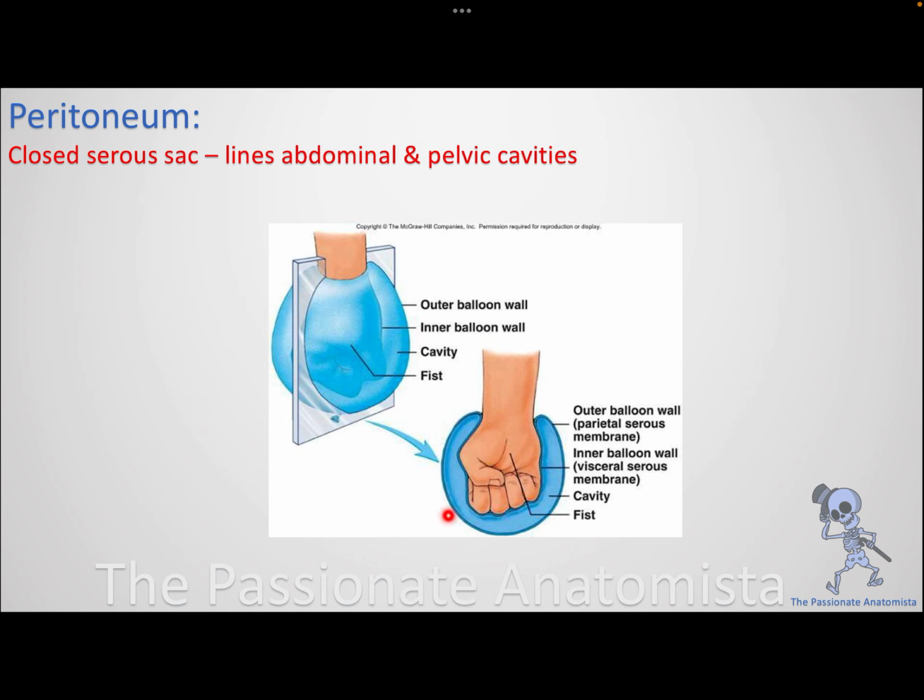And the other layer, which is away from the organ, that lines the abdominal cavity or the pelvic cavity, is what we call the parietal layer, because parietal means wall in Latin. All right. So if the organ gets fully into that, imagine that you are pushing an organ into a balloon, let's say.